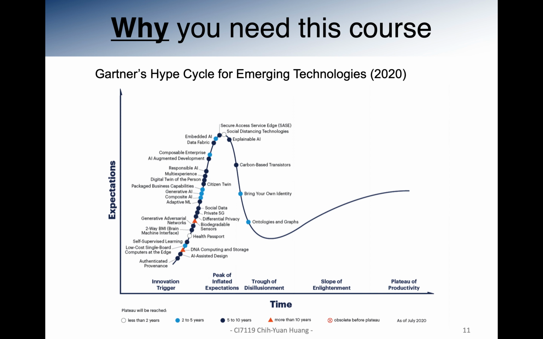And finally, this is the 2020 hype cycle. This hype cycle also contains some emerging technologies that are related to GIS, for example ontology and graph.